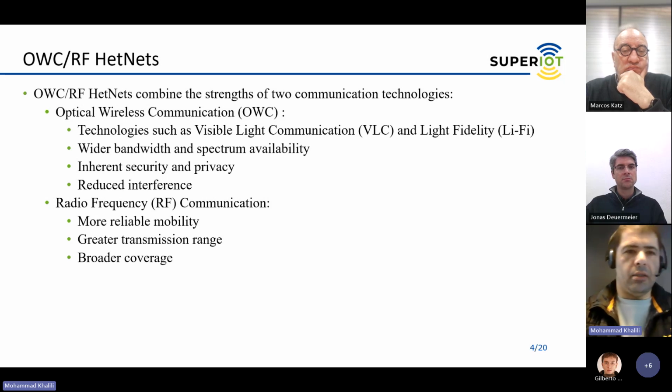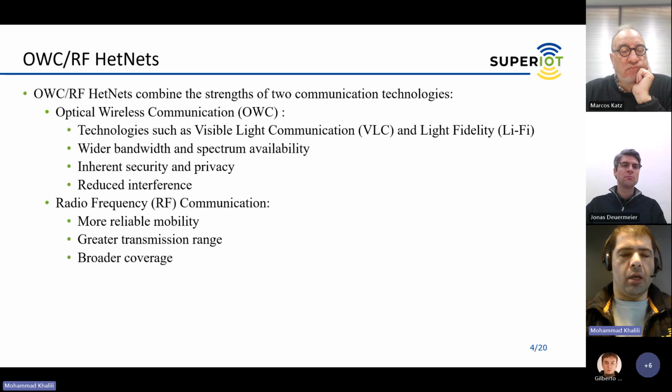For example, optical wireless communication provides wider bandwidth, and its spectrum is available, and there is no license. We don't need any license to use these spectrums. It provides inherent security and privacy as it only transmits data in a confined area, and interference is reduced.